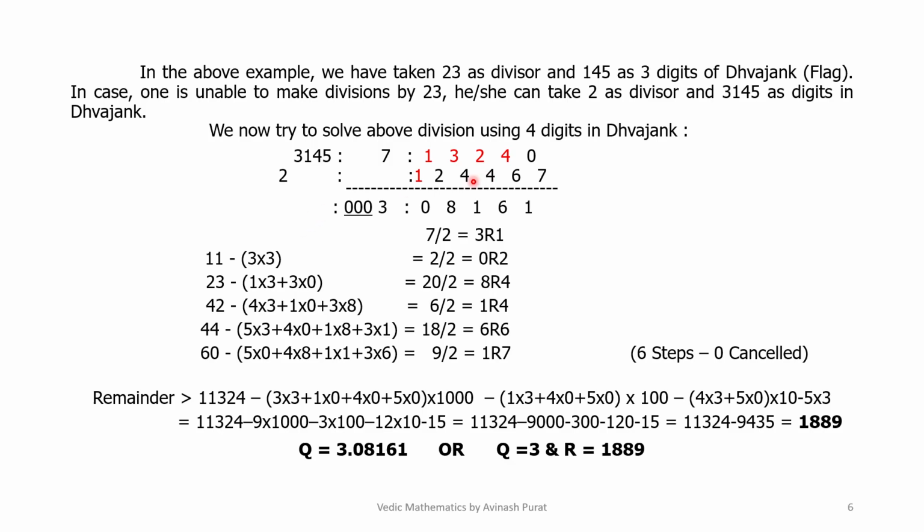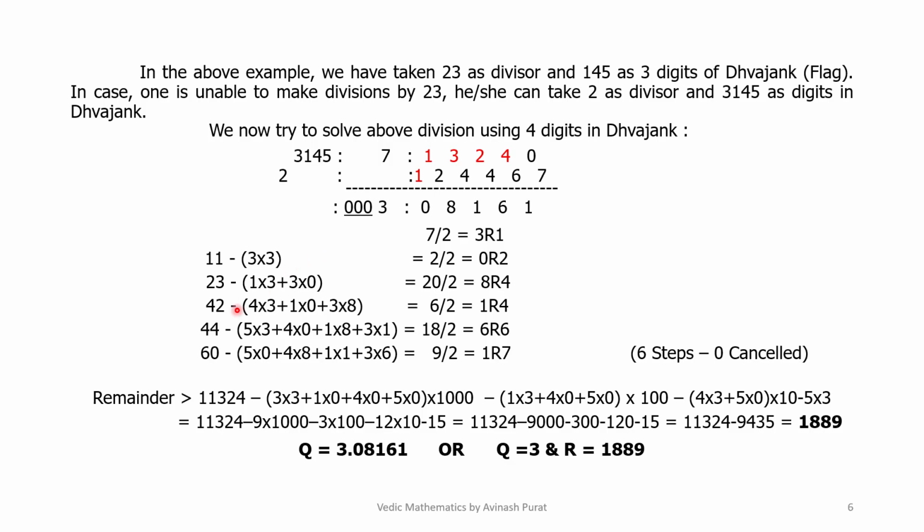So 23 is the next dividend minus 1 into 3 plus 3 into 0 equal to 20, divided by 2 equal to 8 as quotient and 4 as remainder.